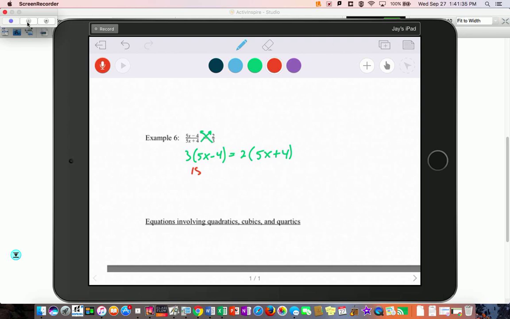So this is 15x minus 12, and this would be 10x plus 8. Get all the x terms, so maybe subtract 10x here, subtract it here, so I get 5x. And I can add 12 and add 12, so that's 20. And then when you divide by 5, x equals 4. So again, you can plug that in and make sure it's working.